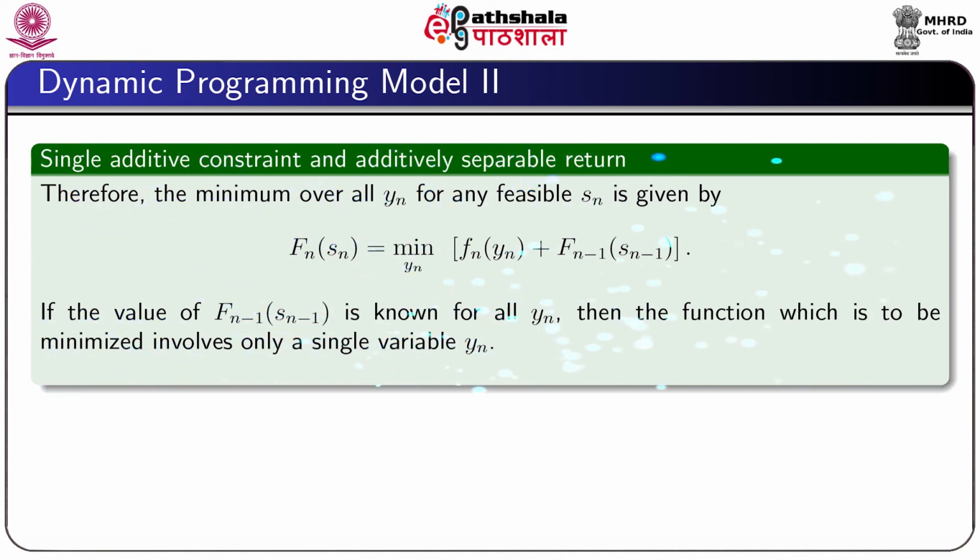Therefore, the minimum over all yn for any possible Sn would now become Fn(Sn) equal to minimum of fn(yn) plus Fn minus 1(Sn minus 1), where the minimum is taken over yn. If the value of Fn minus 1(Sn minus 1) is known for all yn, then the function to be minimized would involve only a single variable yn, and this minimization can be done by using any simple method.